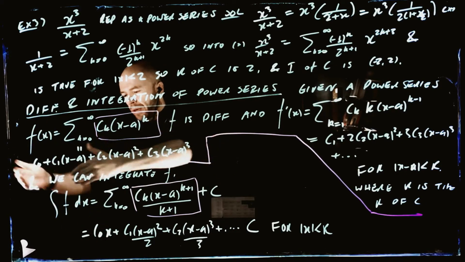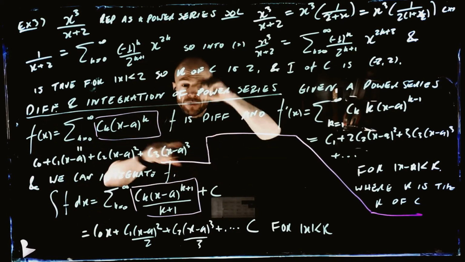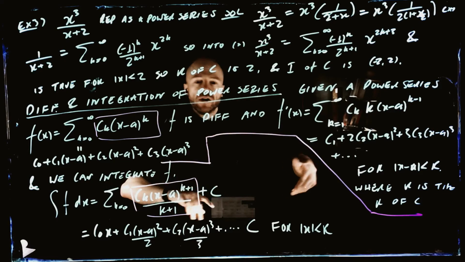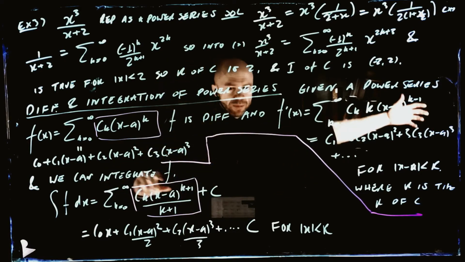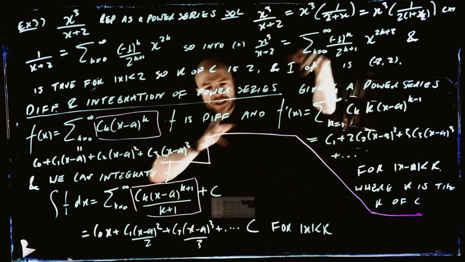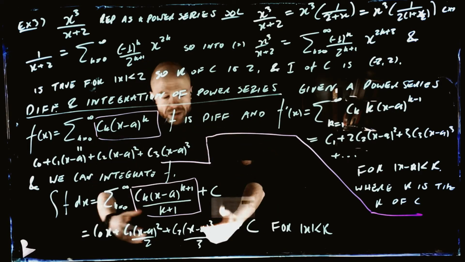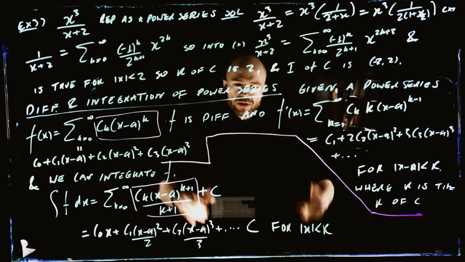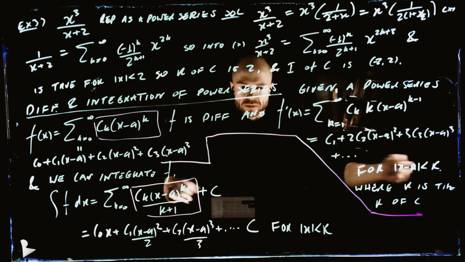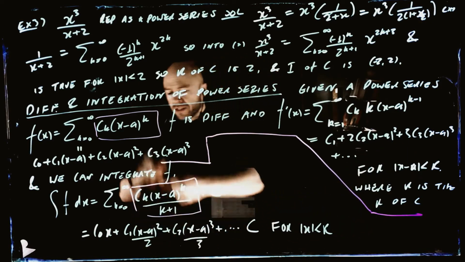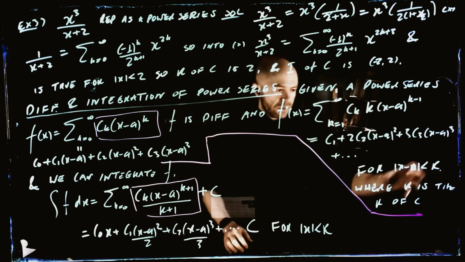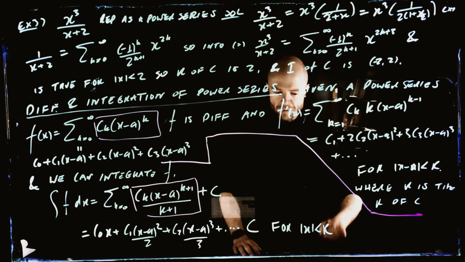So if we have a function which we have to differentiate to get it into the form of 1 over 1 minus x after some algebra, then we expand it, and then we integrate to get back to where we started from. And integrating a power series still gives us a power series, and the power series still has the radius of convergence we had before. So doing this does not change the radius of convergence. It's the same.